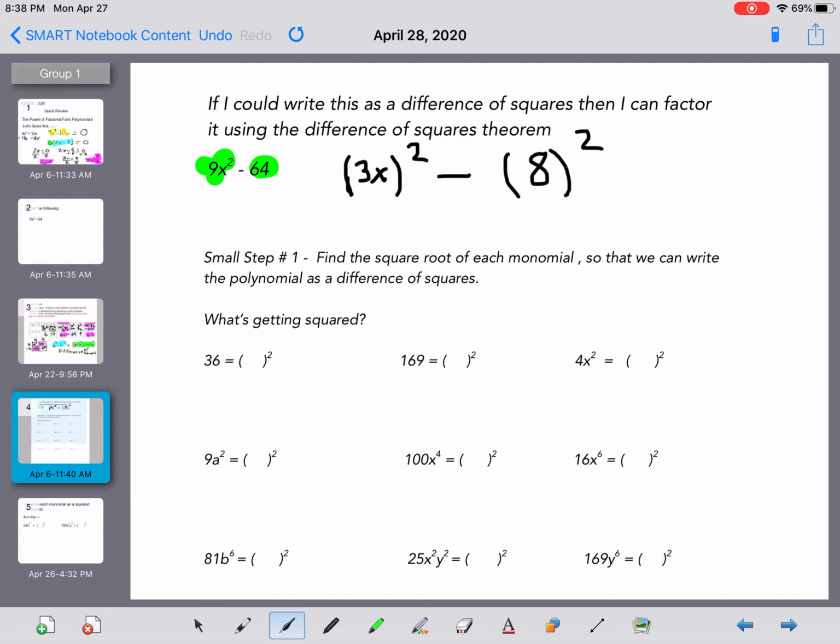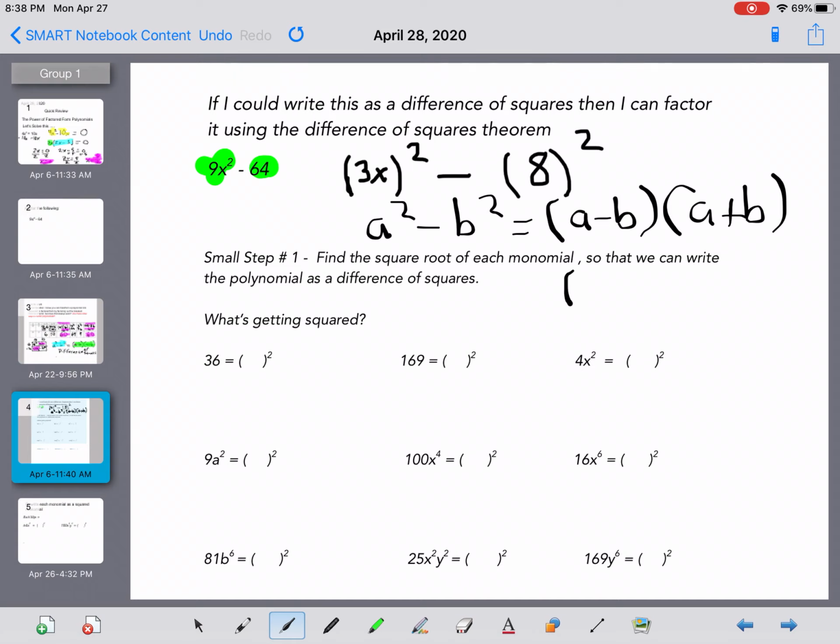So 3x would be my A, so it would be like A squared minus B squared. So my A would be 3x. So remember, A squared minus B squared is the same as A minus B times A plus B. So if we were writing this out, my A is 3x, so I could write it as 3x, and my B value is 8, so minus 8.